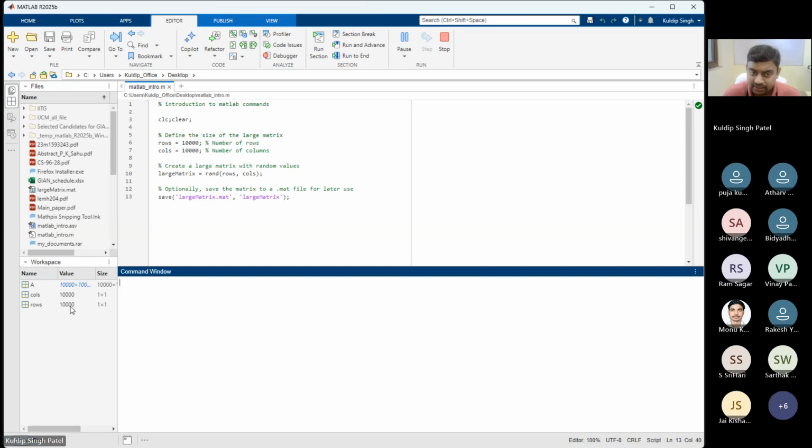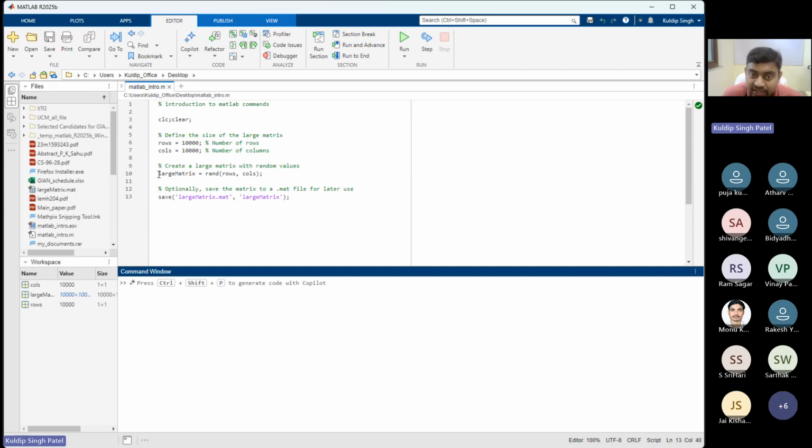When this sign comes, that means the process is over. Now you can simply run the other command. But you can say, I cannot see a matrix. Where is the matrix? I cannot see the matrix.